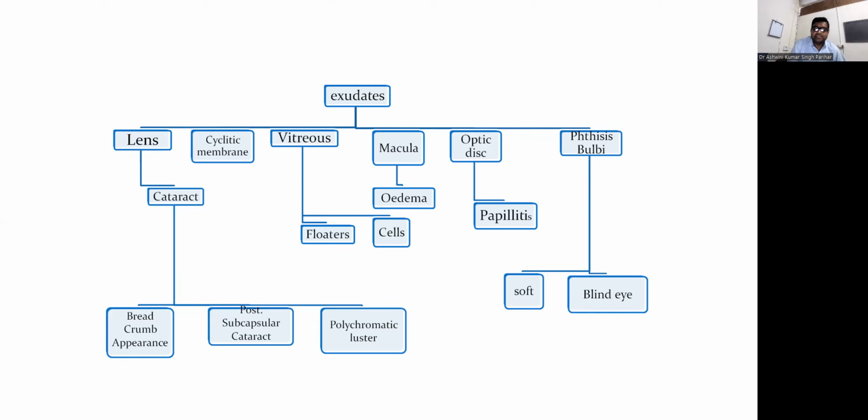It shows the appearance of polychromatic luster or loss of luster with PSC and breadcrumb appearance. Formation of a cyclitic membrane can happen. In the vitreous, you can get cells and floaters. The macula can have macular edema with diminution of vision. Optic disc papillitis can be there, which can lead to diminution of vision. And the last stage is a completely blind eye, which can go to endophthalmitis and develop phthisis.